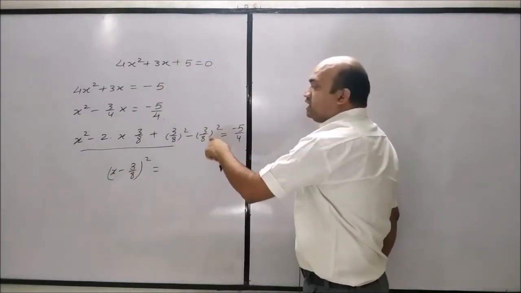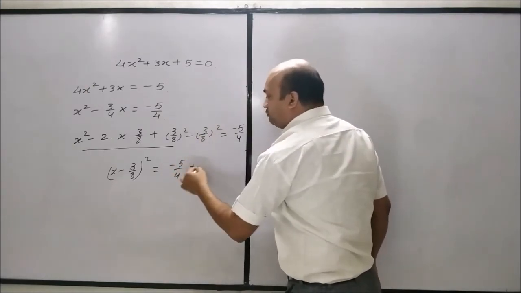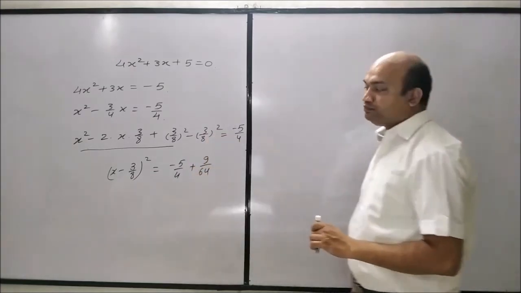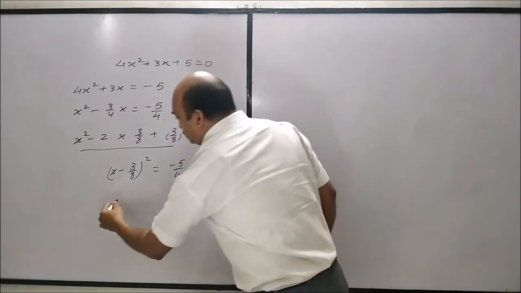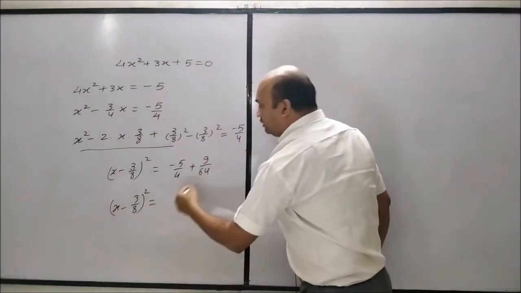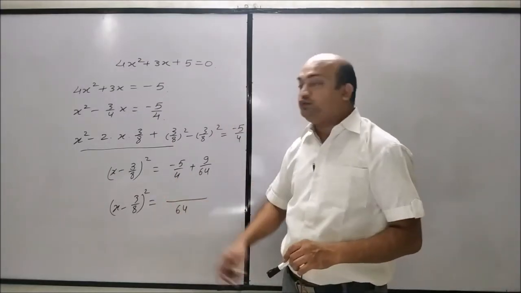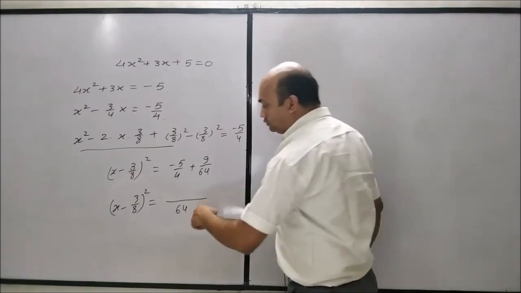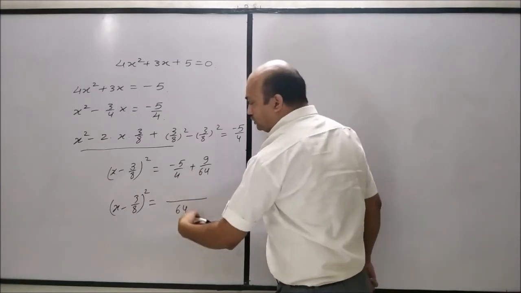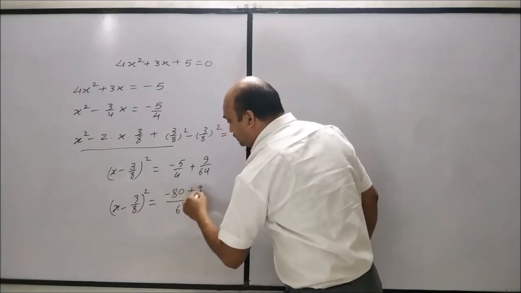And this (3/8) square we shift here, it is minus 5/4, and this will be positive 9/64. Now this will be (x plus 3/8) whole square will be the same, and here we take LCM. LCM will be here 64. 64 we divide by 4, we will get 16. 16 we multiply to 5, we will get minus 80 plus 9.